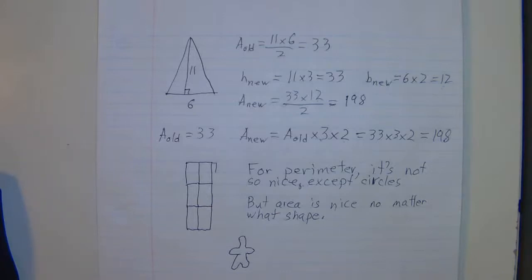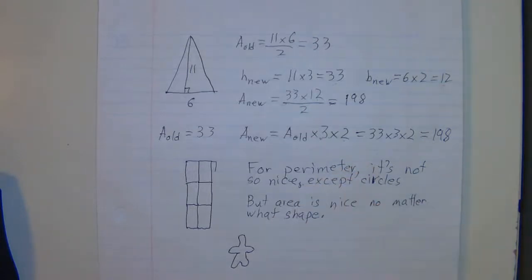So for area, super nice. Doesn't matter any shape. For perimeter, not so nice. You won't be able to get a consistent rule most of the time. The exception is for circles, or any time all of the dimensions of the shape are changing by the same amount. If they all double, then you'll get a nice rule for what happens with the perimeter. But if one of them doubles and one of them quadruples, all of a sudden you're out of luck.